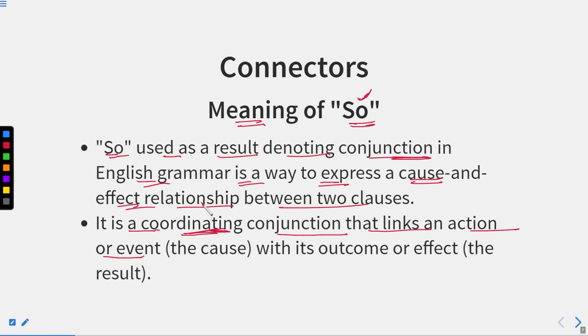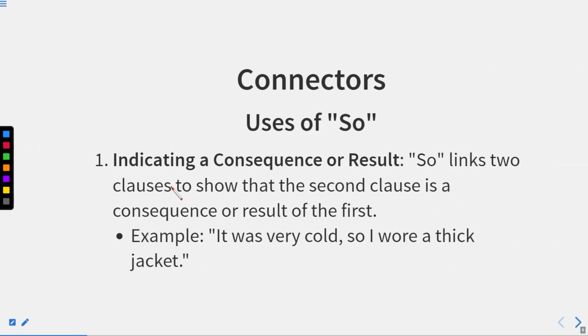It means both the sentences are complete in themselves. And when we join such two sentences, we use a coordinating conjunction. It joins those two sentences which are complete in themselves, the cause with its outcome or effect, that is the result.